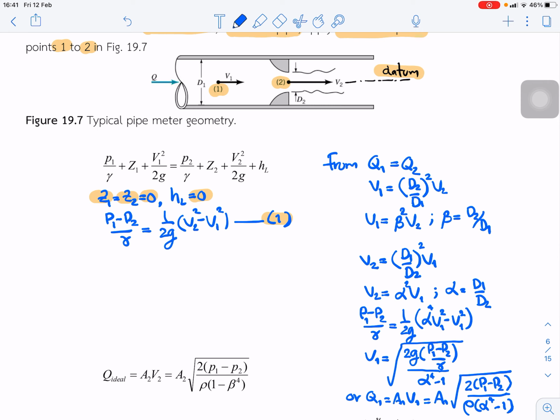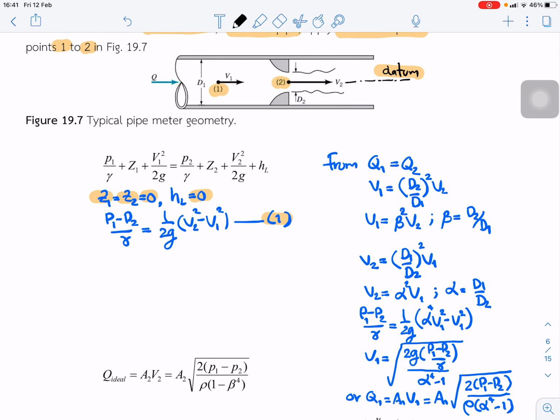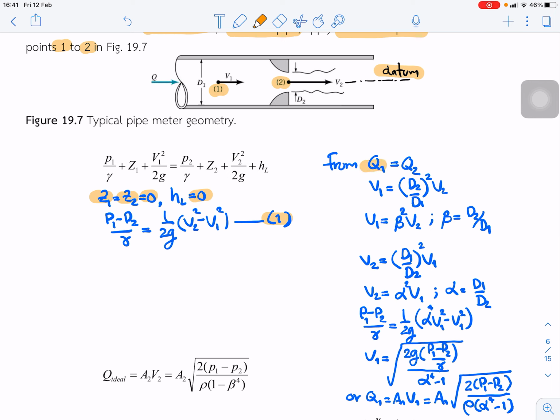And next, from the continuity equation, from Q1 equal to Q2, we can derive that velocity at point 1 is equal to beta squared times V2.